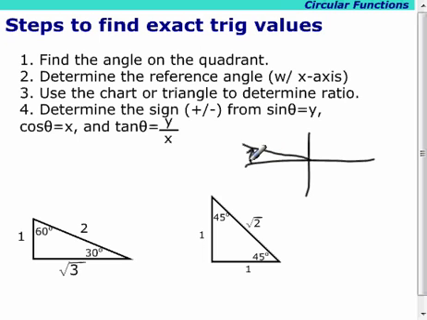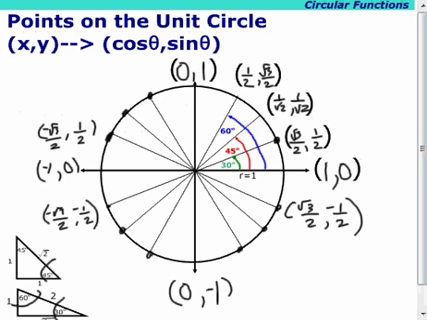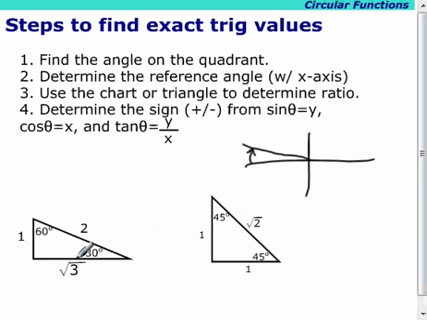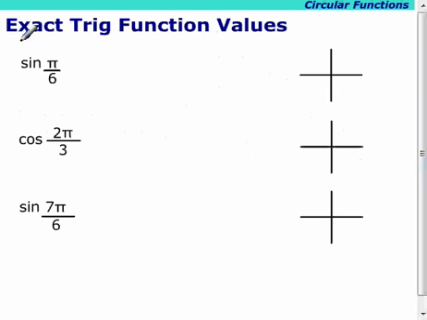The reference angle is always the angle it makes with the x-axis. And then from either a chart that may be in your textbook, or from the unit circle coordinates, or from your handy dandy triangles, determine what the ratio would be at that point. And then determine whether it'll be a positive or a negative, depending on which ratio and in which quadrant you find. So let's try a couple examples.